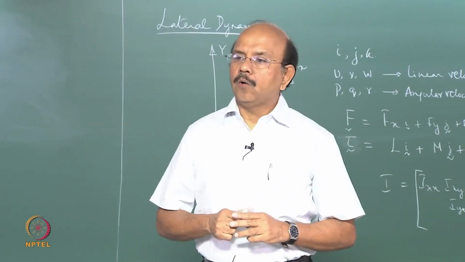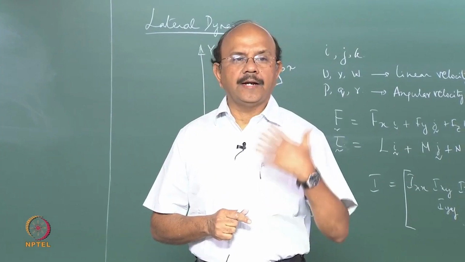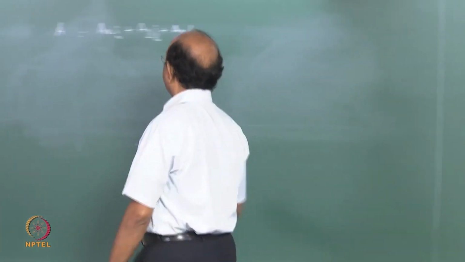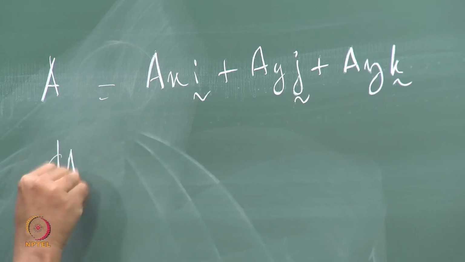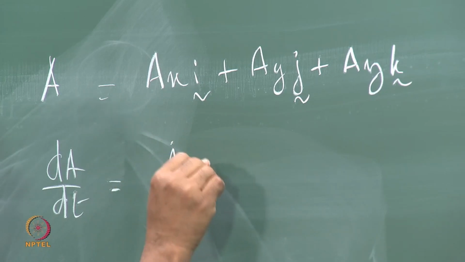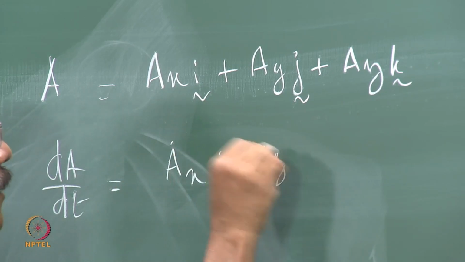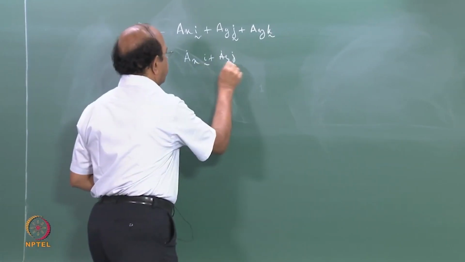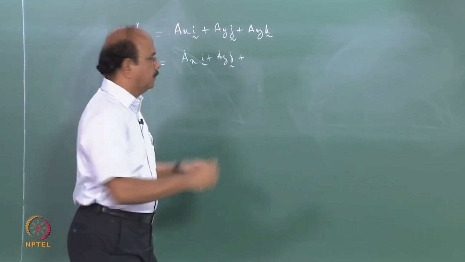I want to find out now the variation or rate of change of A. So in other words, if I now write dA by dt, I write this as Ȧx i plus Ȧy j plus Ȧz k. A can be any vector. It can be velocity, we'll see that.